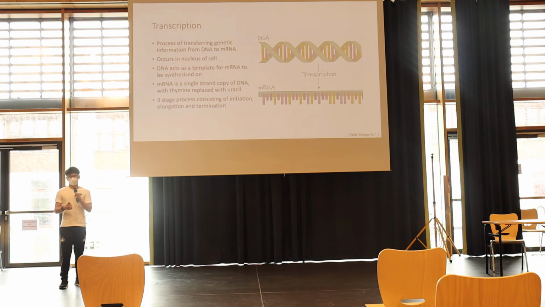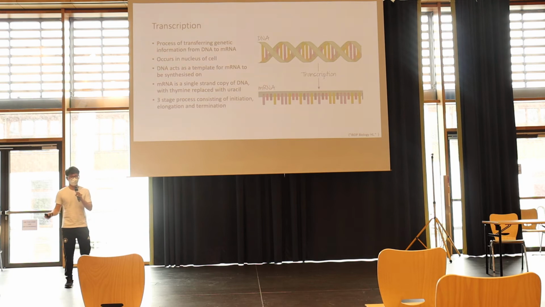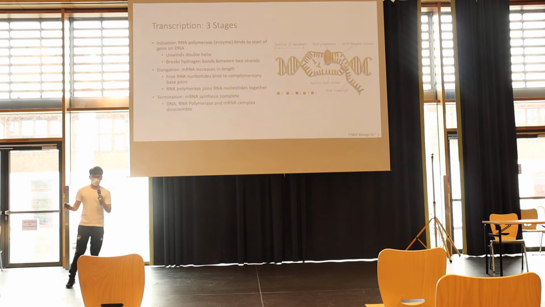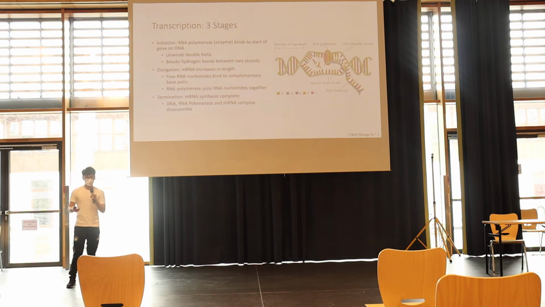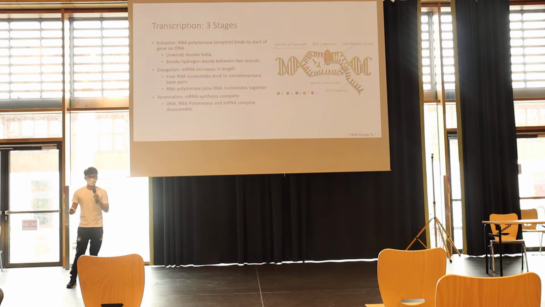The process of transcription is using DNA as a template to synthesize mRNA. This occurs in the nucleus of the cell and is a 3-stage process. The first stage is initiation, where the enzyme RNA polymerase binds to the DNA, unwinding the double helix and separating the 2 complementary strands.